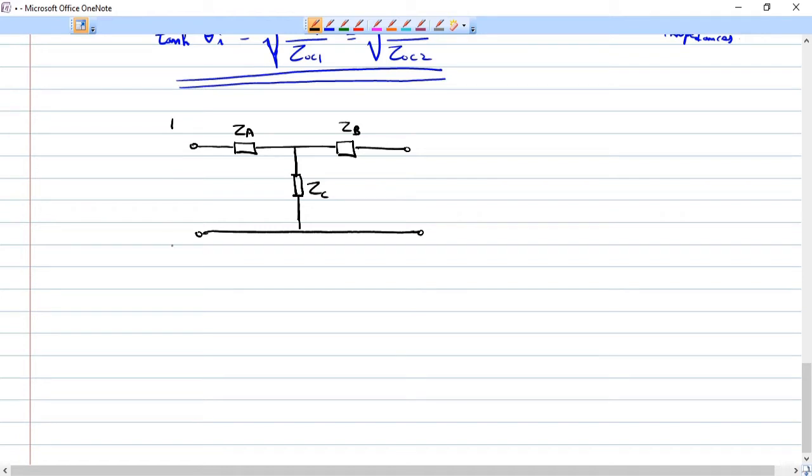These are the input and output terminals 1 dash and 2 dash. So we have evaluated the expression for the iterative impedance ZT2. So you attach an impedance Z2 to the output port.